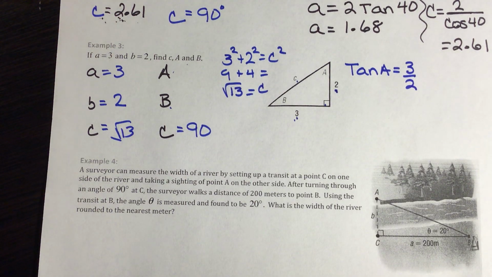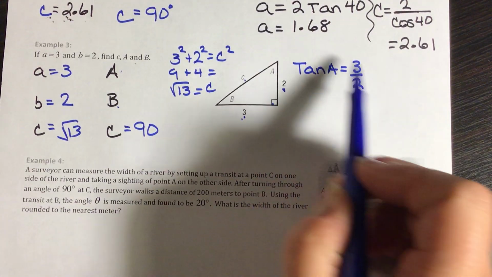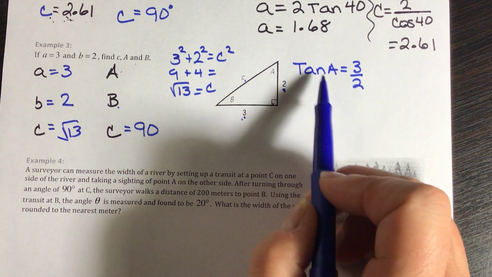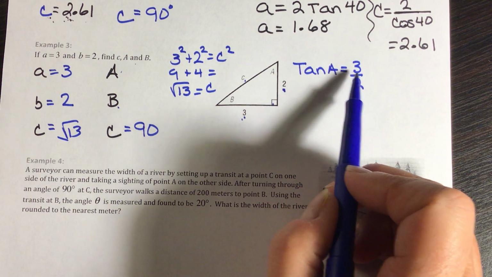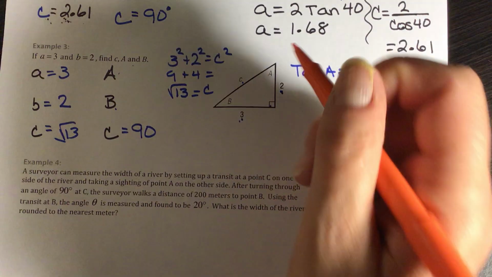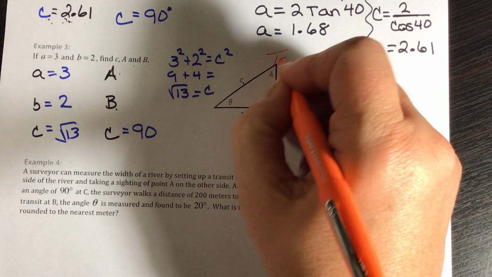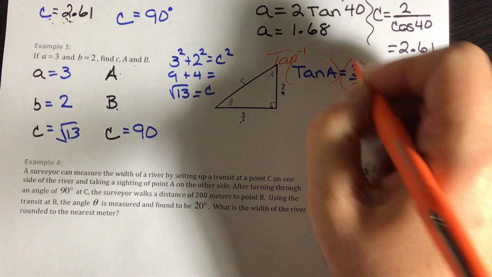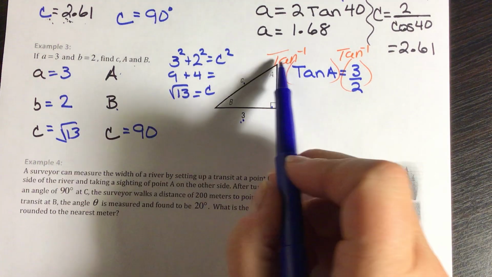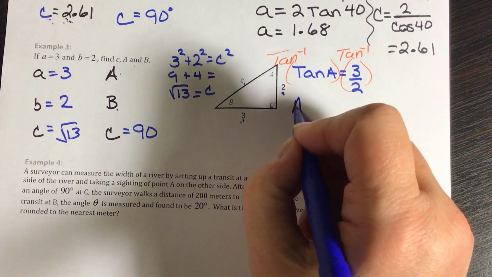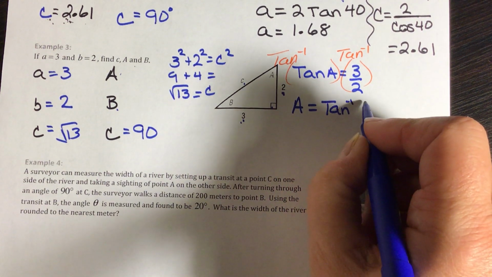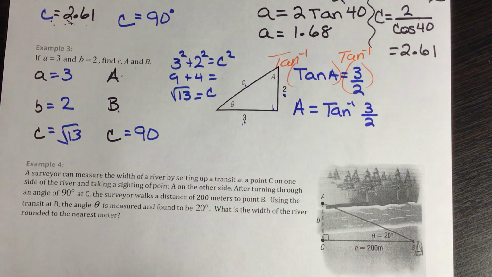Now we've done some solving equations. If I want to find out what that angle is, and that's what this is saying, tangent of what angle is 3 over 2? I need to do the inverse tangent. And when I do that, these will cancel, and I'll have A is inverse tangent of 3 over 2.